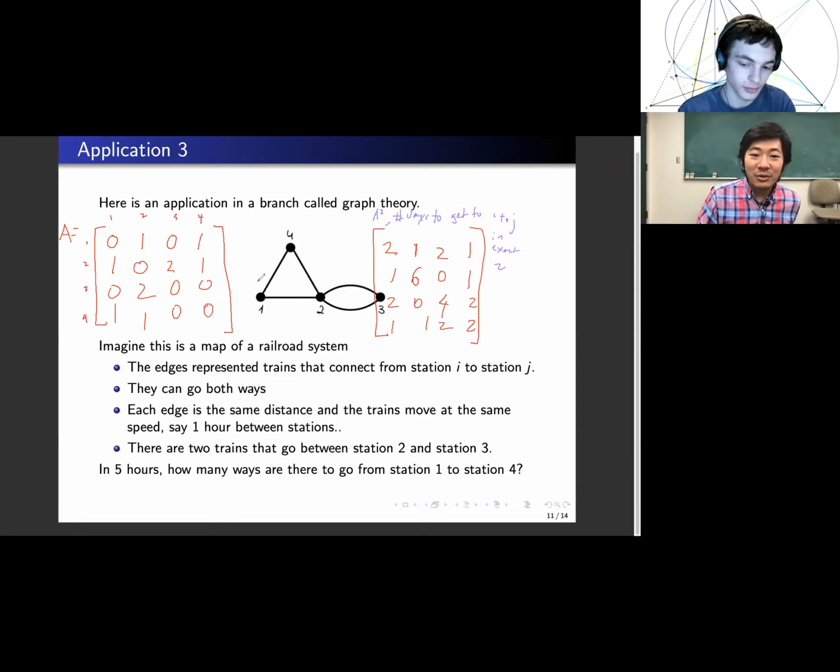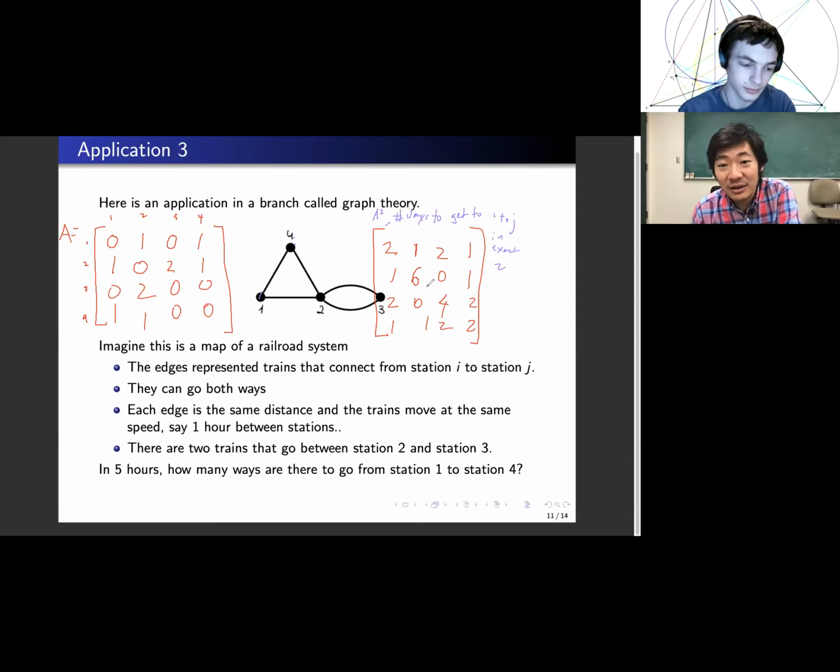So from 1 to 1, there's 2 ways. You can go from 1 to 4 and then back 4 to 1, right? So that's one way. Or you can go to 2 and then to 1, and that's the only way. From 1 to 2 in exactly 2 steps, you'd have to go from 1 to 4 and then 4 to 2. Right? You can't go to 2 or you're stuck.